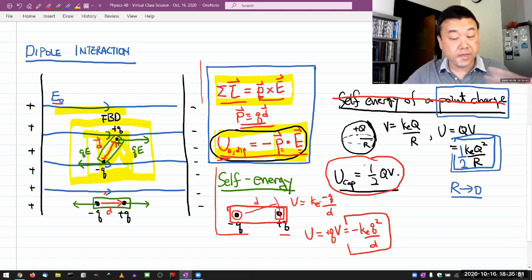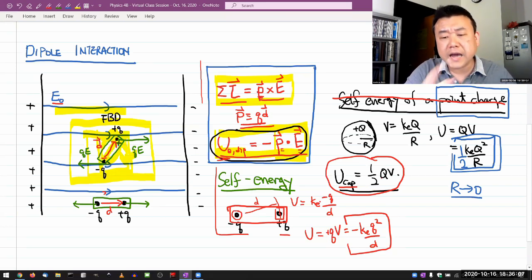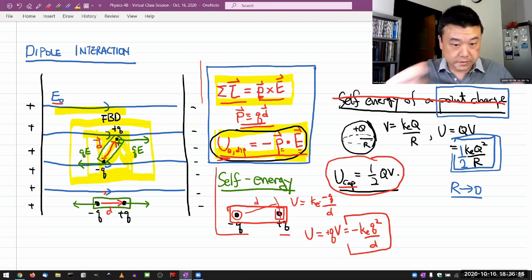But whenever we are talking about energy of a capacitor, or later on when we talk about energy stored in an inductor, there's going to be another factor of 1/2 again. Because that can sometimes seem very arbitrary, I want to highlight it so that you know where that factor of 1/2 comes from. So this is the description of a dipole interaction with an external field.